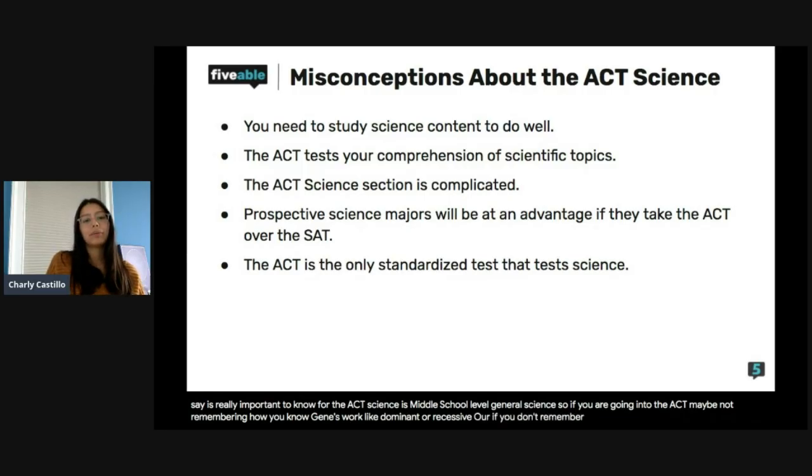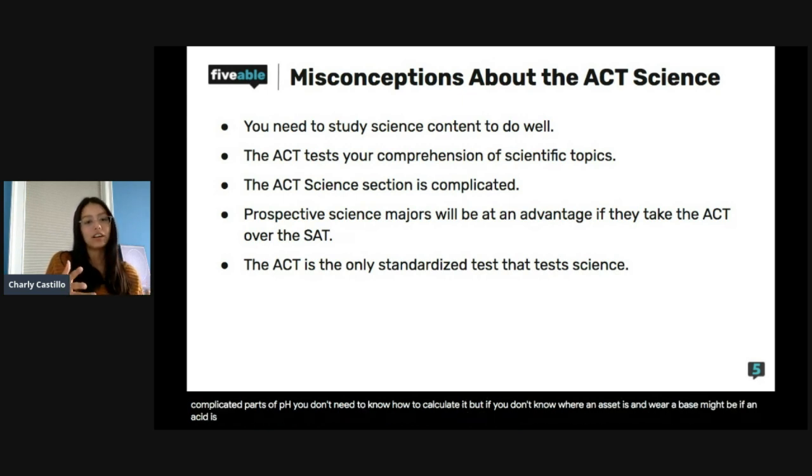If you don't remember how the pH scale works, again, not the complicated parts of pH, you don't need to know how to calculate it. But if you don't know where an acid is and where a base might be, if an acid is a smaller number or a larger number, then you can review that type of content.